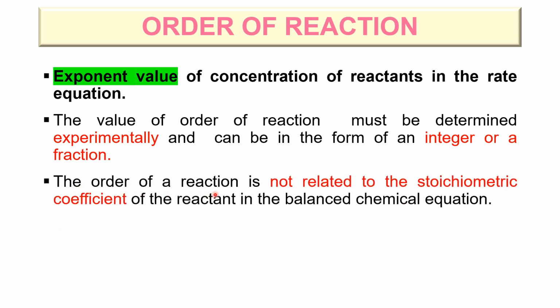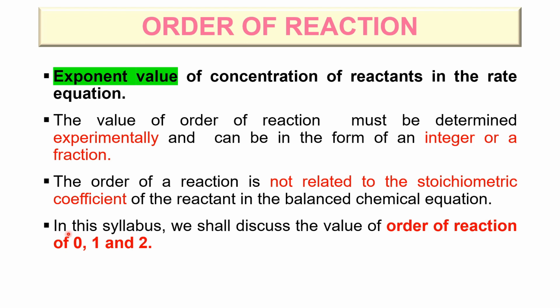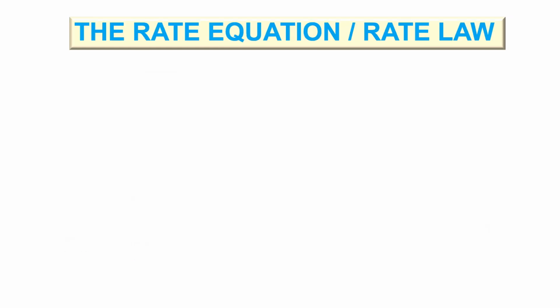The order of a reaction is not related to the stoichiometric coefficient of the reactant in the balanced chemical equation. And the last one, in this syllabus, we shall discuss the value of order of reaction of 0, 1, and 2 only.